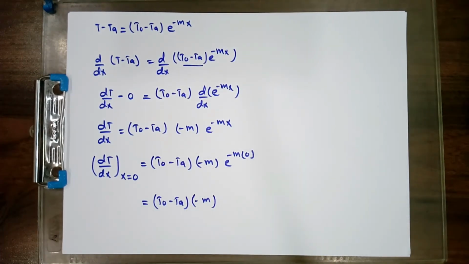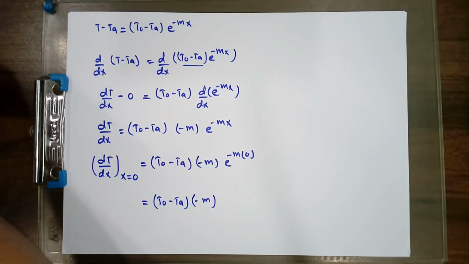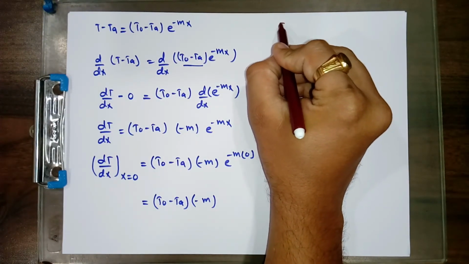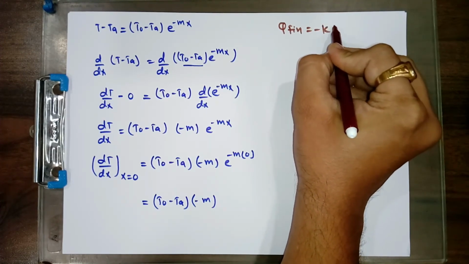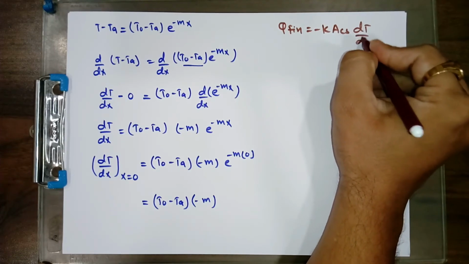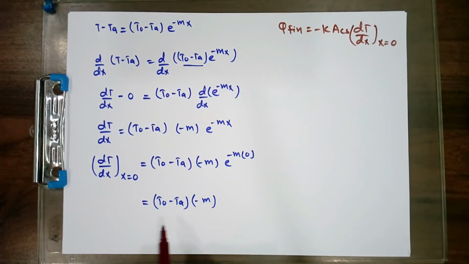Now we put this value of dT by dx at x equals 0 in our previous equation of Q fin. So Q fin equals minus K ACS dT by dx at x equals 0, and we get this value.